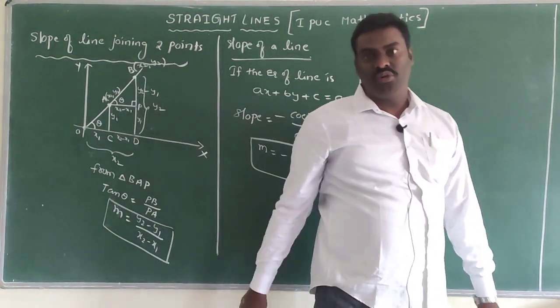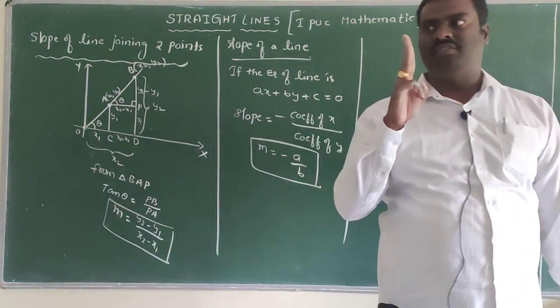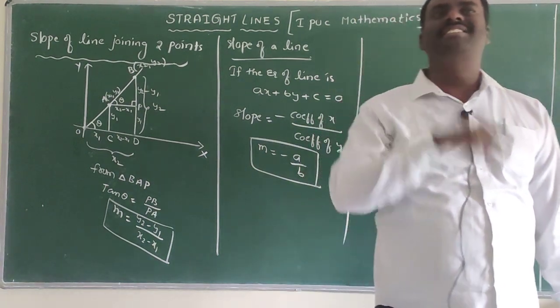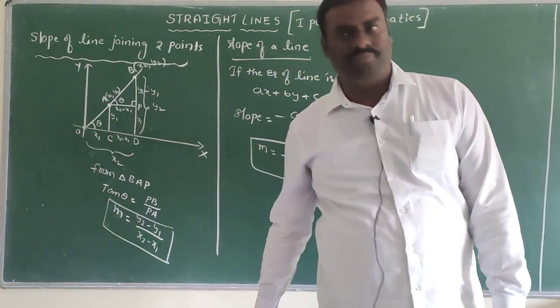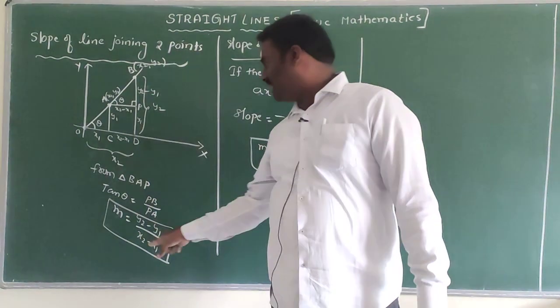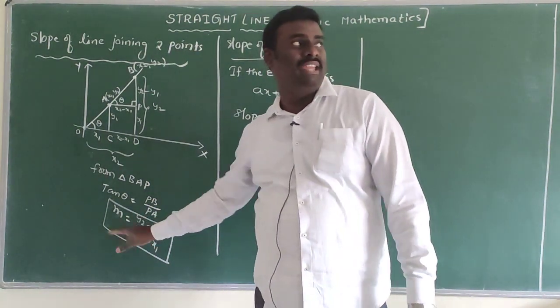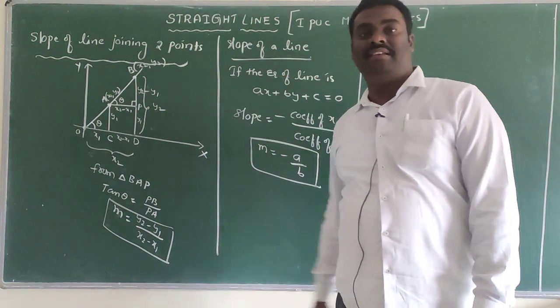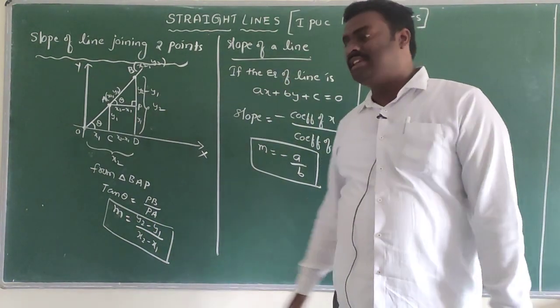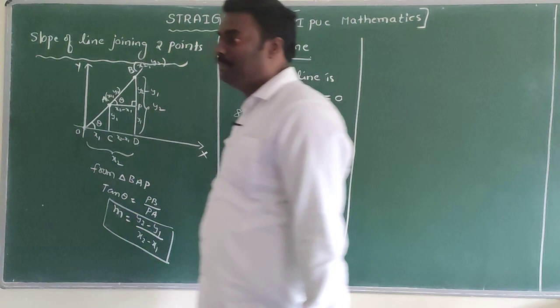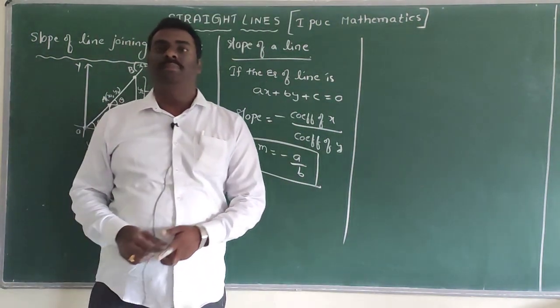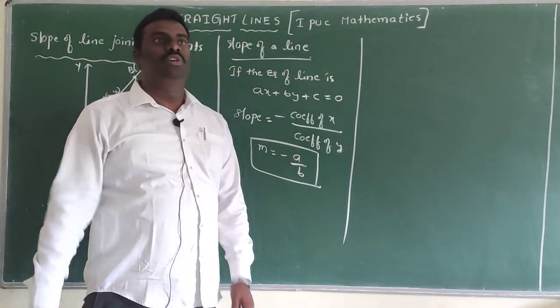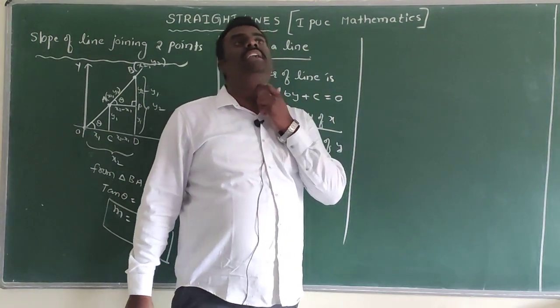Means finally we have three formulas for slope. If theta is given, tan theta. If 2 points are given, y2 minus y1 by x2 minus x1. If a straight line is given, then the formula is minus a by b. So this is the concept of slopes. Next, we are defining the definition.